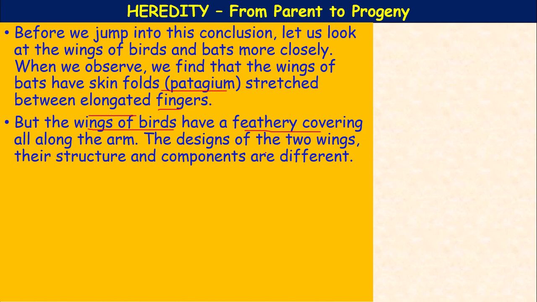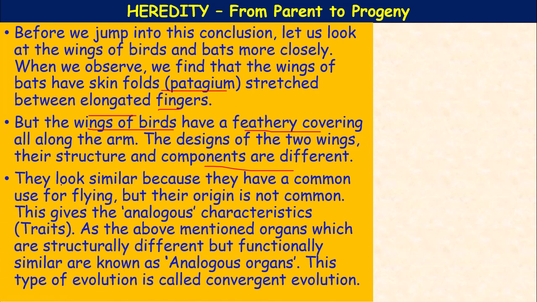The designs of the two wings, their structure and components, are totally different. They look similar because they have a common use of flying. The purpose is flying, but their origin is not common. This gives analogous traits.